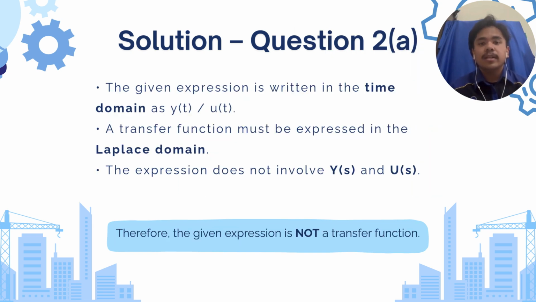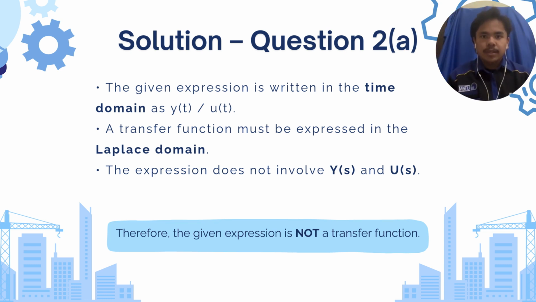To determine whether the given expression is a transfer function, first we must refer to the definition of transfer function. A transfer function is defined as ratio of the Laplace transform of the output to the Laplace transform of the input, expressed in the s domain as G(s) equal Y(s) over U(s).